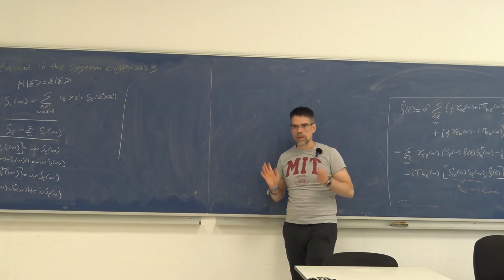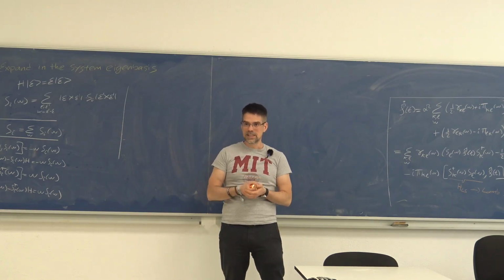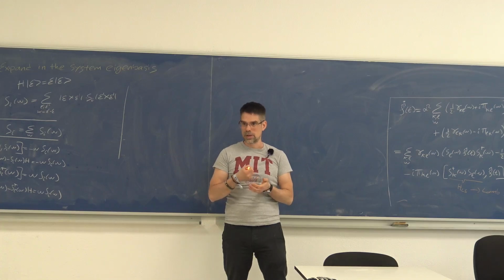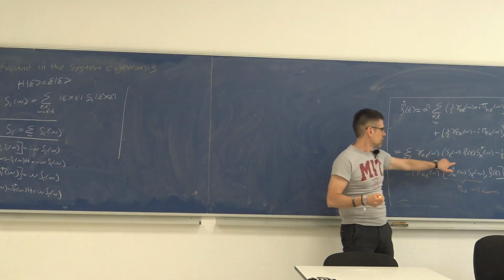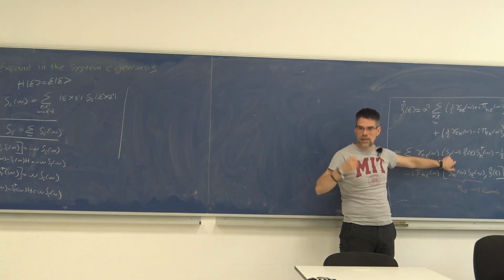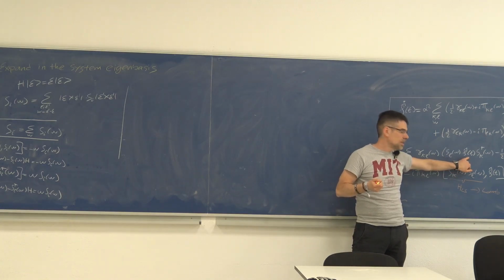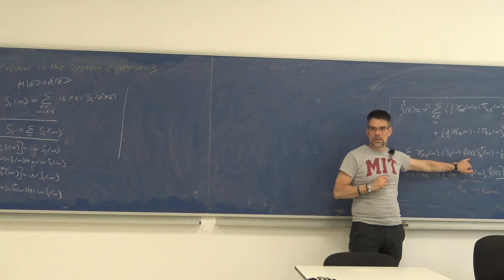We calculate it in any picture we want, and then we forget about them. And the part from the system operators of the interaction Hamiltonian, we have unraveled by the use of this omega, put in this exponential, and with the rotating wave approximation we got rid of this exponential. The only thing that remains is our density matrix.